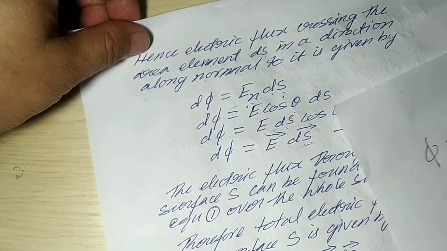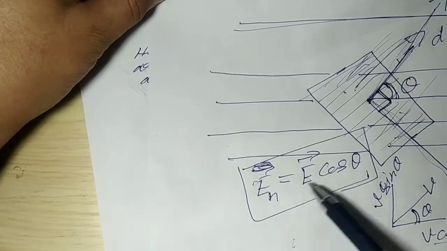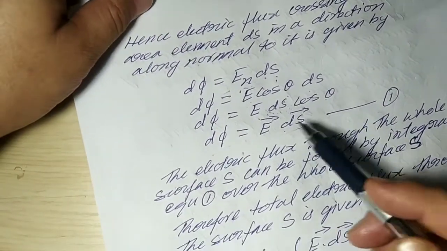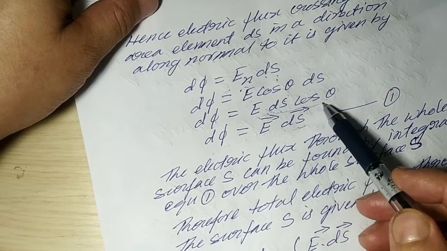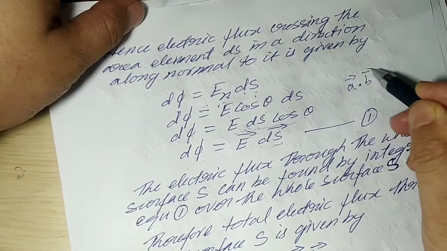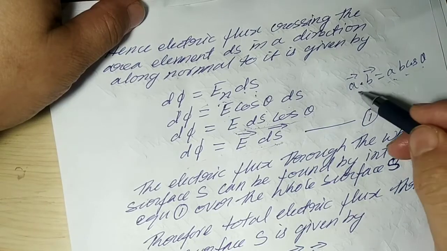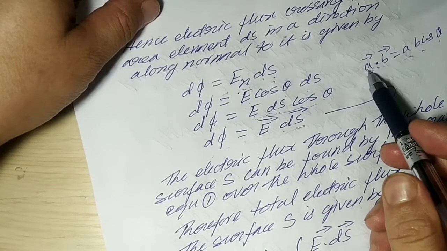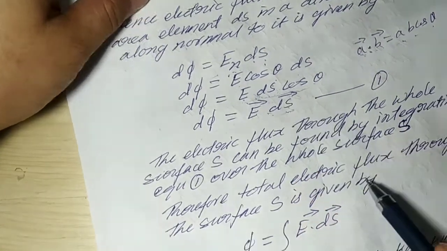En is E cos theta, so we get E ds cos theta. This is like vector A dot B equal to AB cos theta, so E is A and ds is B, so E dot ds.